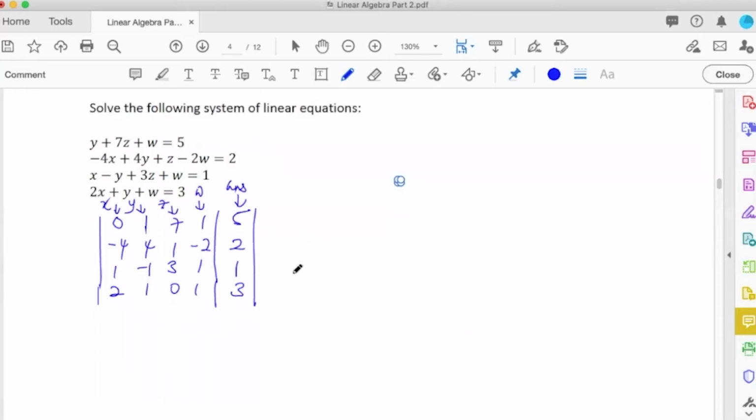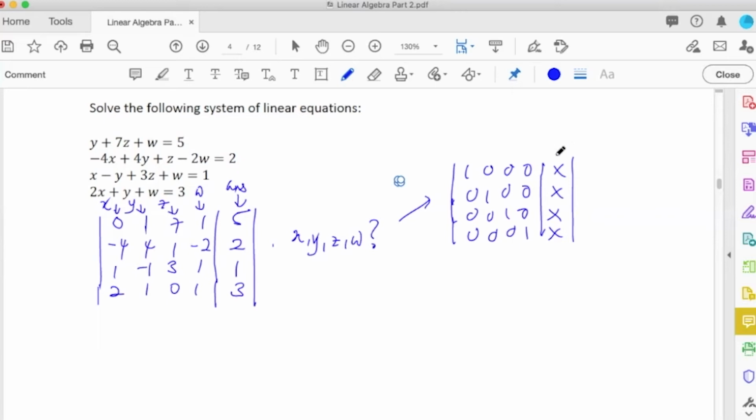When we try to solve this, what we actually want is to find the values of x, y, z, and w. There are two ways we can solve this. Either we convert this into an identity matrix where the last column gives the answers for your parameters x, y, z, and w.